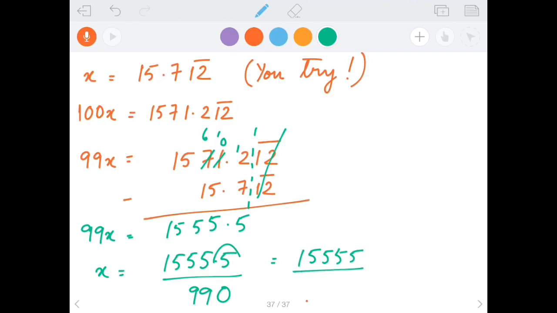And then I'm going to put that out there and simplify it so that it makes sense. You notice that we can cancel both numerator and denominator by 3. So we're going to get 5185 by 330. And I'm going to highlight that out for you so that you exactly know how to present it well.